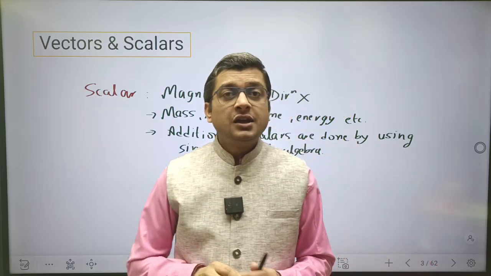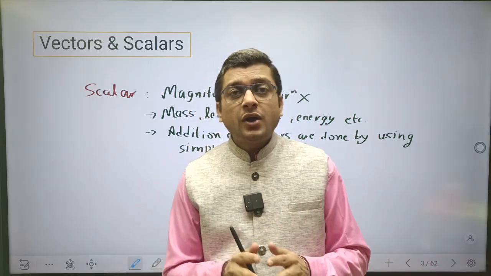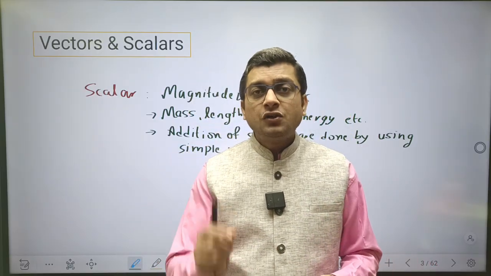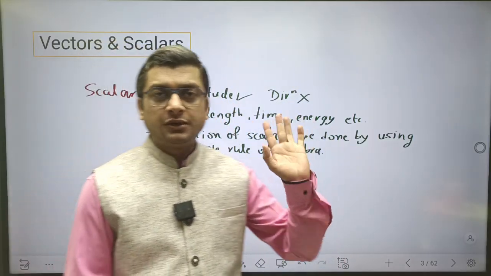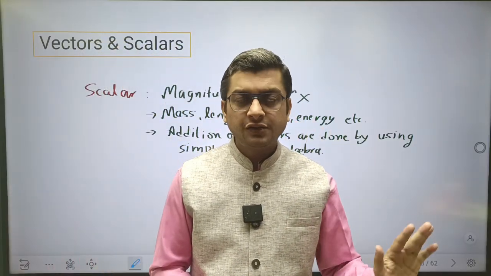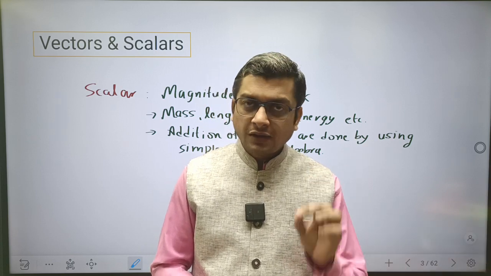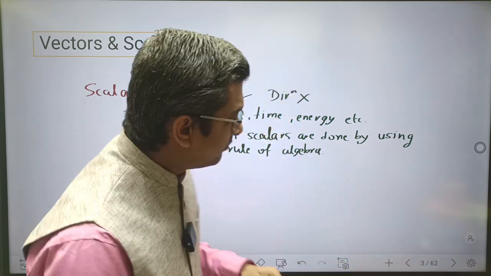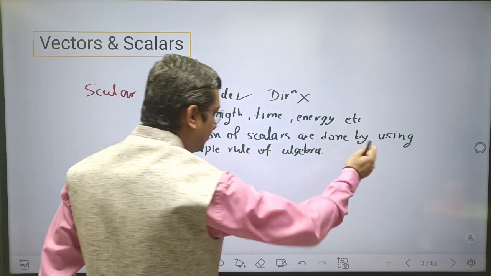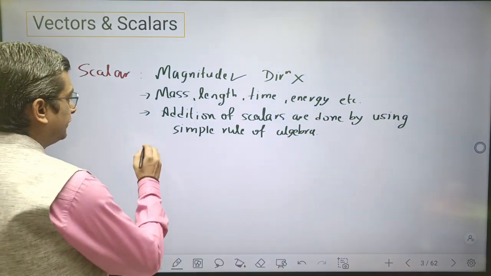They have direction, but when you add pressures, their addition follows the simple rule of algebra. They don't follow laws of vector addition. So these quantities, though they have direction, are treated as scalars, because they are added by using simple rule of algebra.